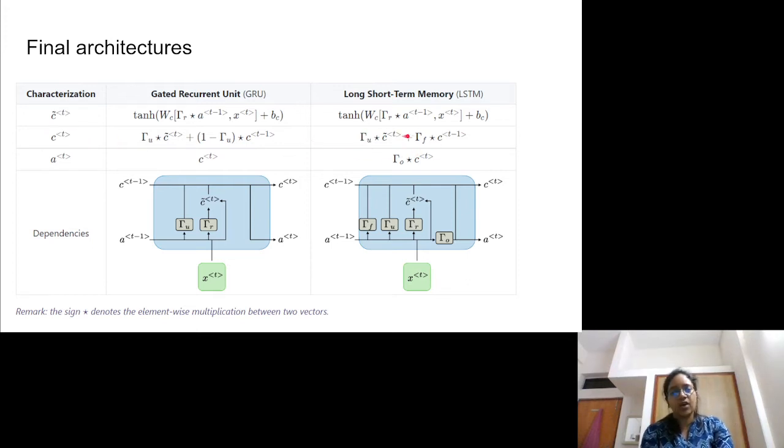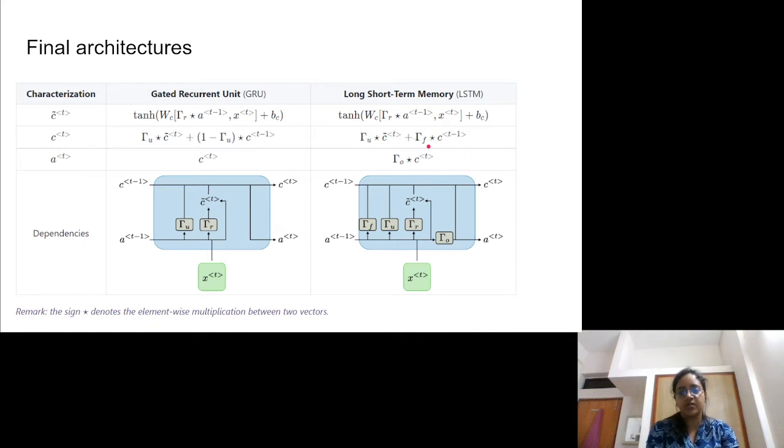You have a current cell state which you have created from your current input and previous outputs, previous learning. Now you take some parts from that current cell state, and some parts from the previous cell state.